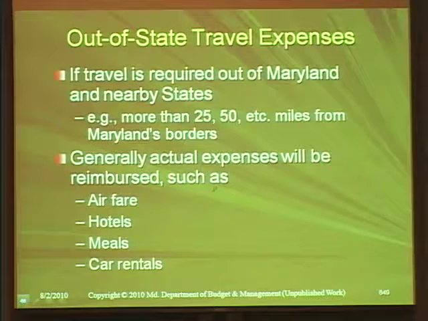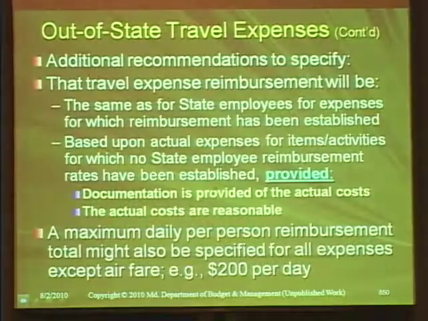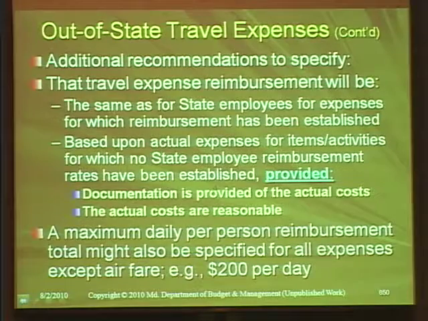Now we're going to out-of-state travel. If travel is required out of Maryland and nearby states, more than 25, 50 miles on the Maryland border, generally actual expenses will be reimbursed, such as airfare, hotel, meal, car rentals. Additional recommendations to specify: the travel expense reimbursement will be the same as for state employees for expenses for which reimbursement has been established.